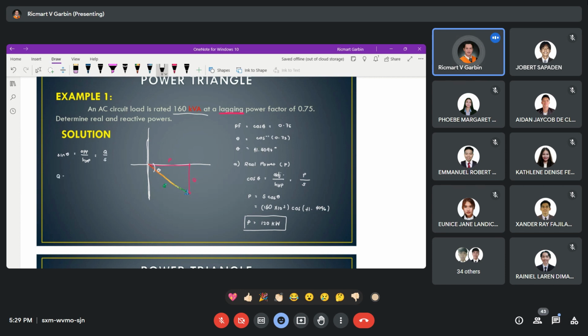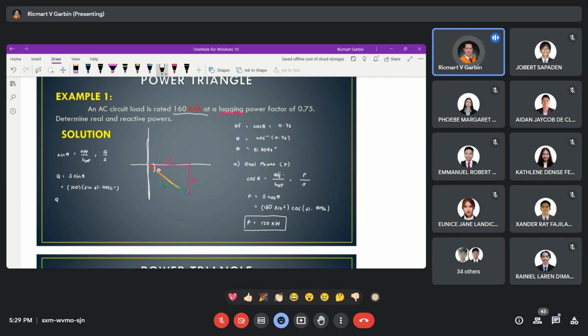Therefore, ang Q natin is equal to S sine of theta. So substituting the value, so we have 160 multiplied by sine of 41.4096 degrees.